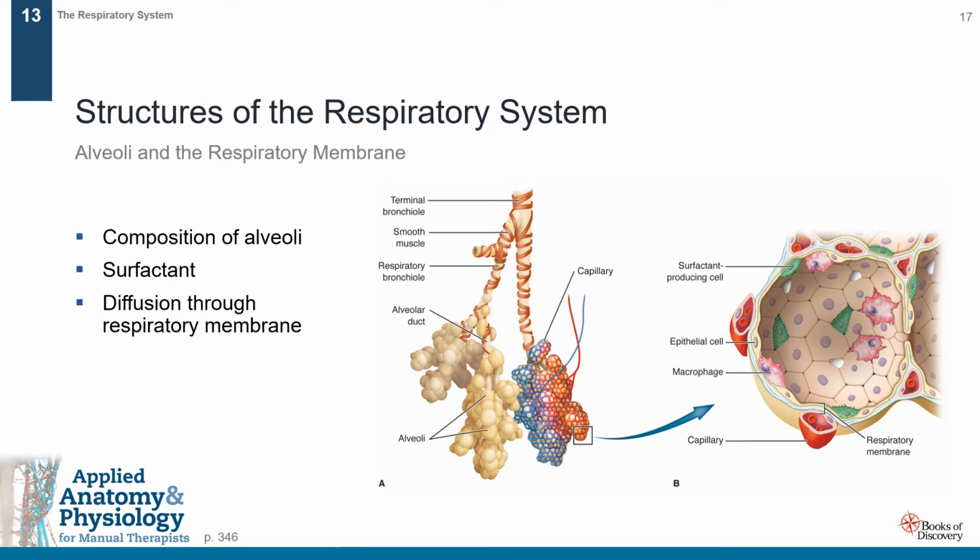Since there are millions of alveoli in the lungs, there is a large surface area for gas exchange. In fact, if spread out flat, the alveoli would cover an area of approximately 750 square feet, which is much larger surface area than covered by the skin.